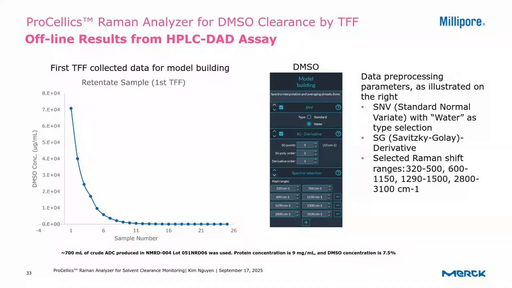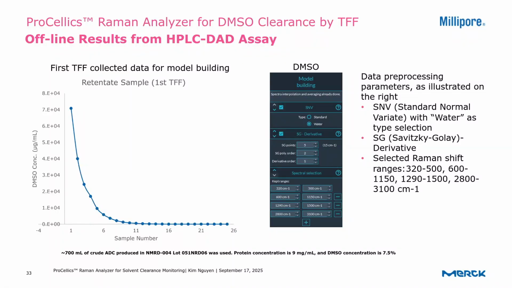So the figure on the left represents the DMSO concentration of the offline samples in microgram per mL. We are using the data from the first TFF to build the model. We do a reference association of the offline sample with the Raman spectrum to build the model.